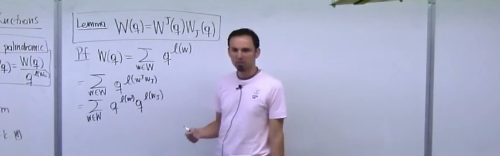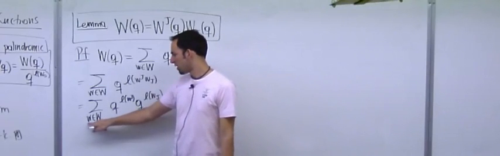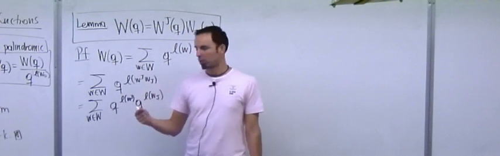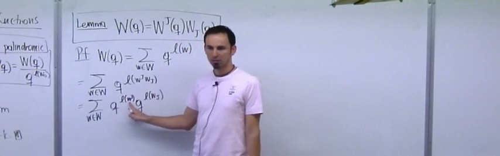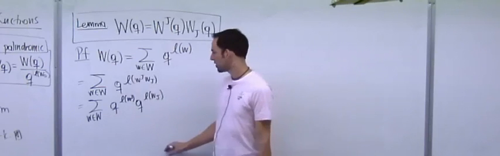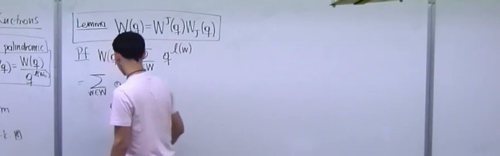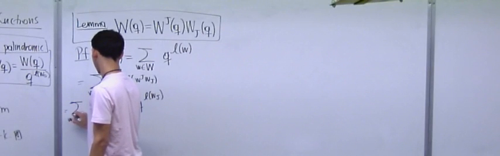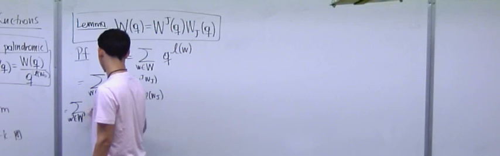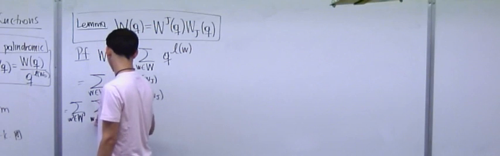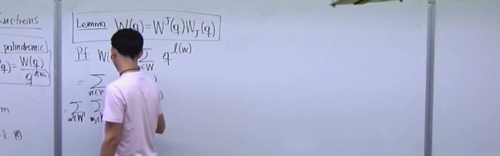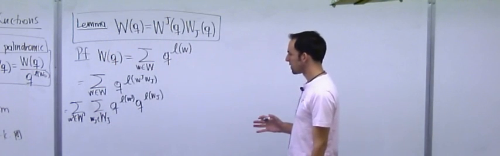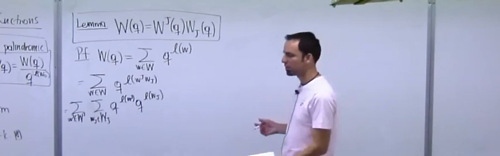That's a correspondence. And so instead of summing over all the W's, which are in my Coxeter group, I can add over all pairs of a W super J in W super J and a W sub J in W sub J. So let me rewrite it like that. I add up over all of these guys, and I add up over all of these guys. Okay. And then basically I just separate these sums.